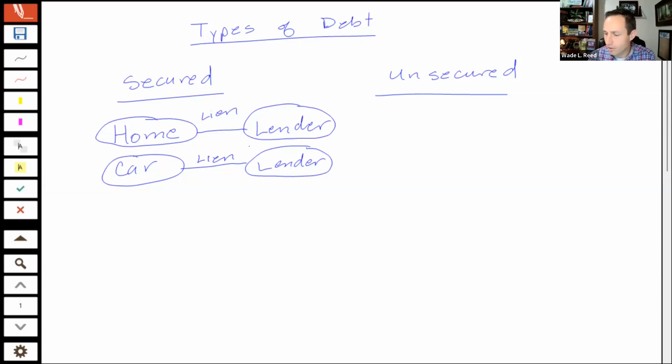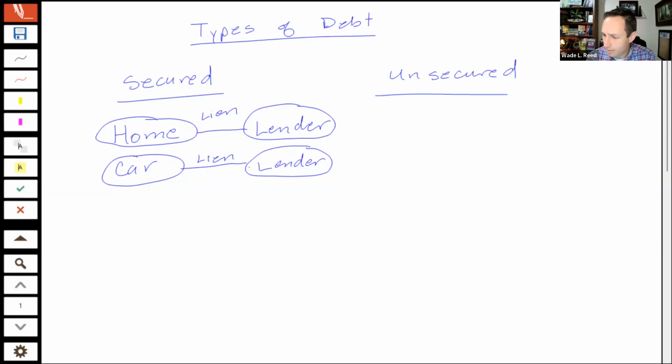The lender is allowed to, if you don't make payments, if you don't meet the promises that you made in your promissory note, which is typically to make payment at a specified period of time in a specified amount, and you haven't done that for a certain period of time, usually several months, then the lender has the right to seek legal action to take away from you the home or the car, sell that home, typically at an auction, and get enough that they can be made whole. Whatever loan balance you haven't paid back yet, they get to receive from the sale of the property. If it happens to be sold for more than what they needed to get back, then you get the difference.